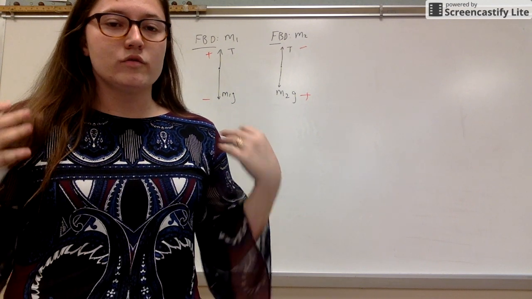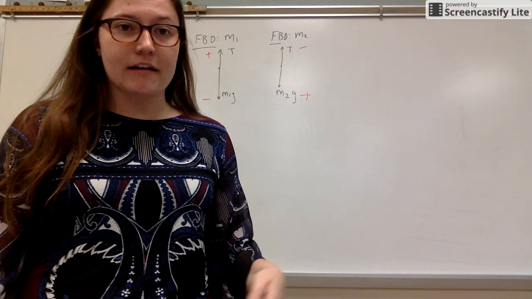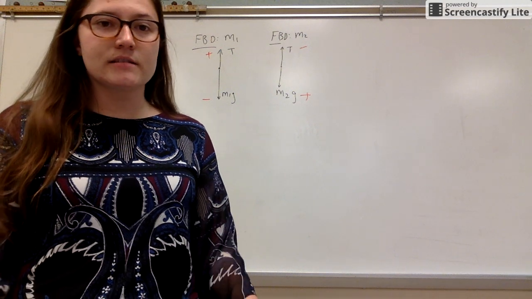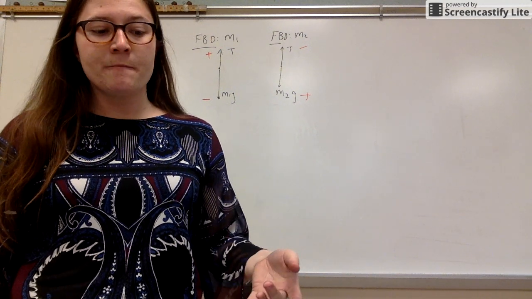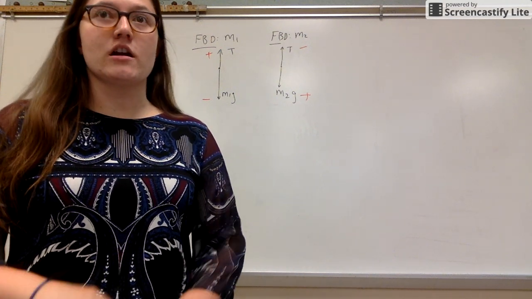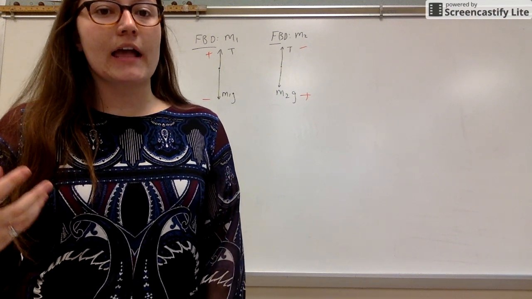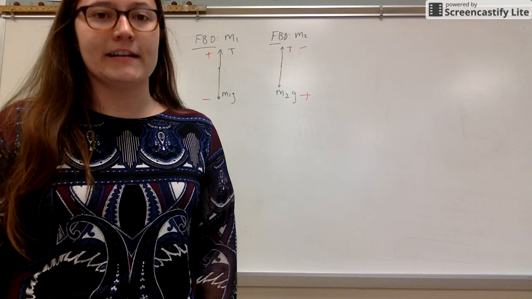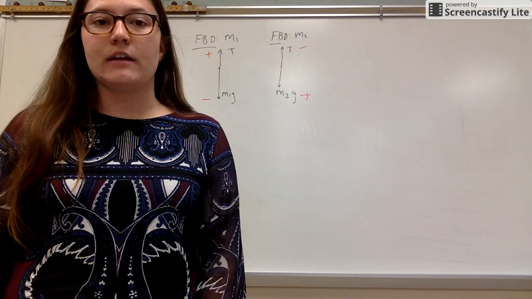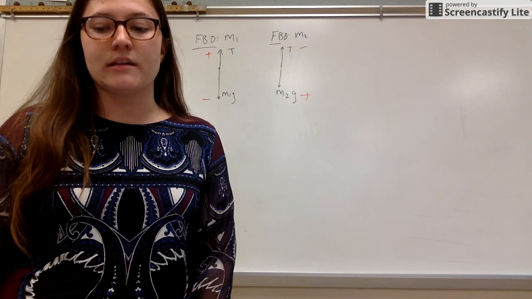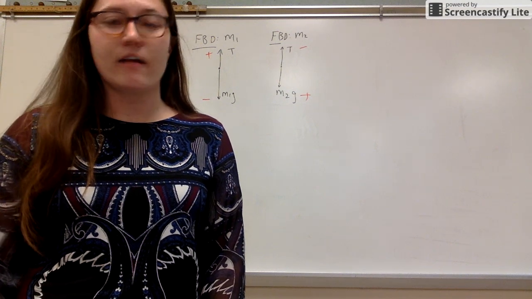Okay, so we drew our free body diagrams and assigned direction. Now we want to sum the forces and solve. We want to sum the forces for M1 first. In which direction will M1 accelerate? In only the y direction. So we're going to sum the forces in the y for M1.